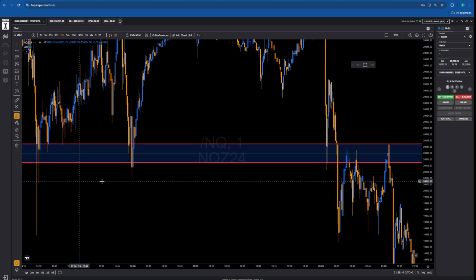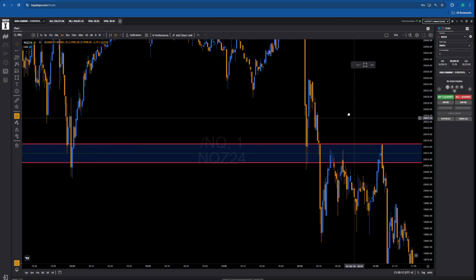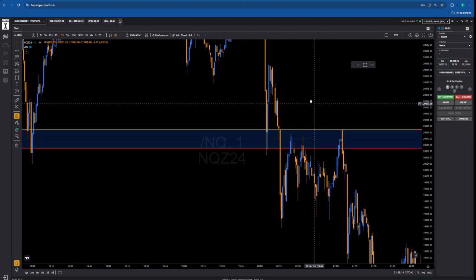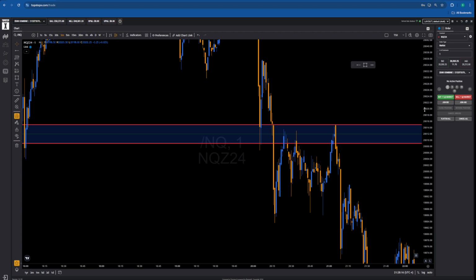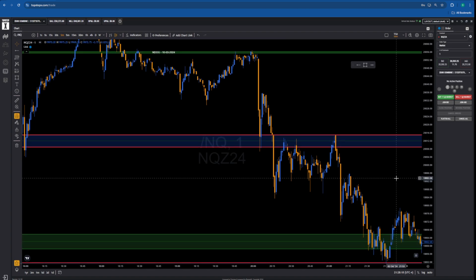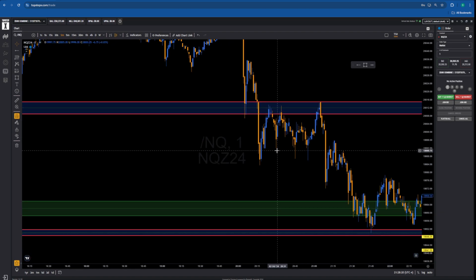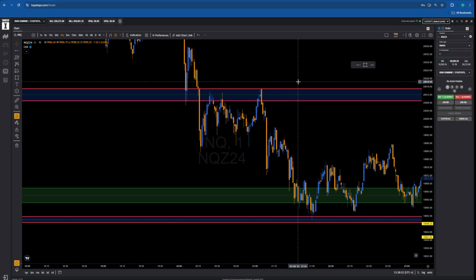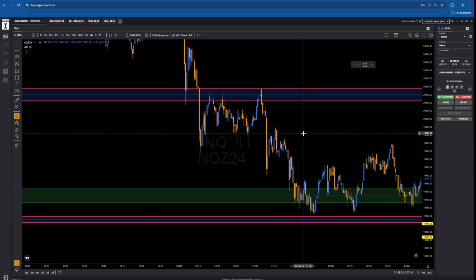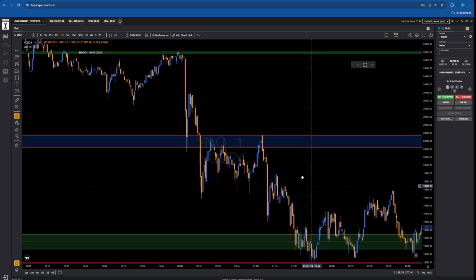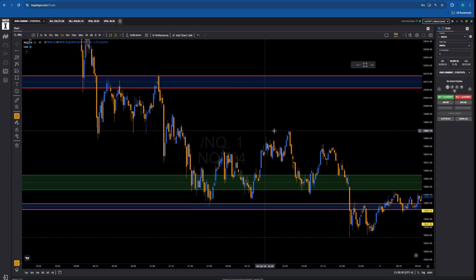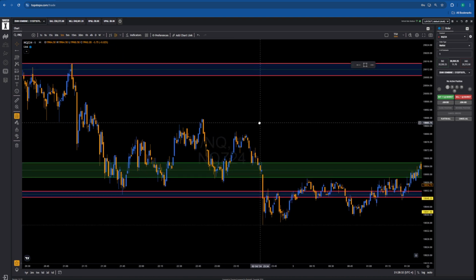You can mark those and just get your 10, 20, 30 points, and it's a pretty decent day. And again, I'll talk about these other areas, the blue lines, in a bit, but I just wanted to share the reactions of the levels right at the open.